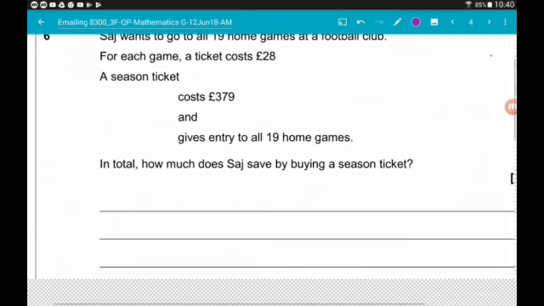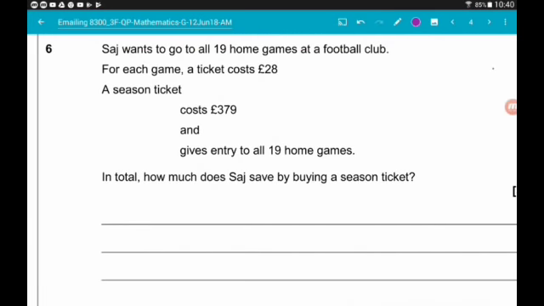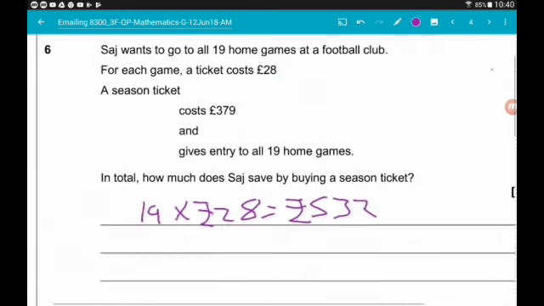So, we need to work out how much it would cost to go to all 19 games, paying for separate tickets. So, 19 times £28 is £532.